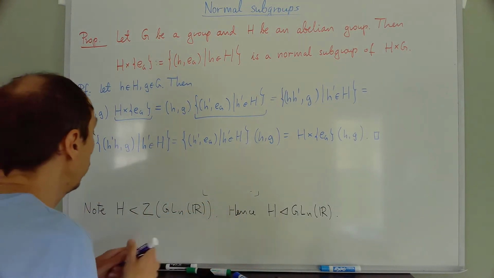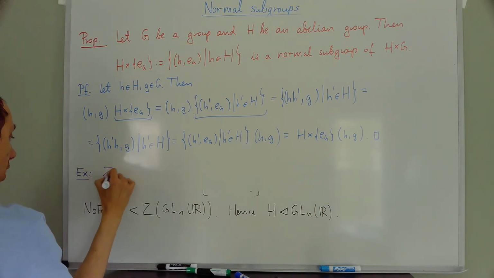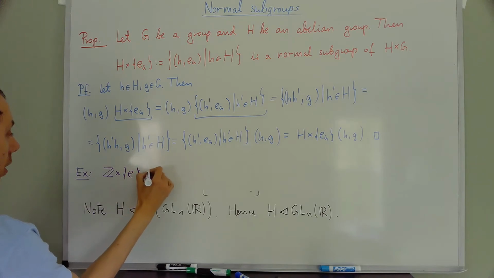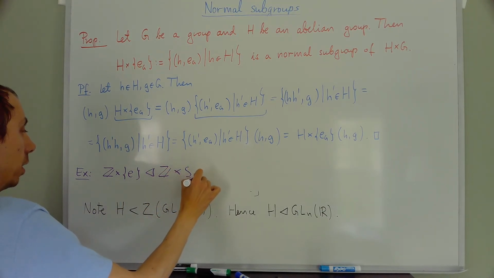So just one example maybe. Z cross the trivial permutation is a normal subgroup of Z cross S3.